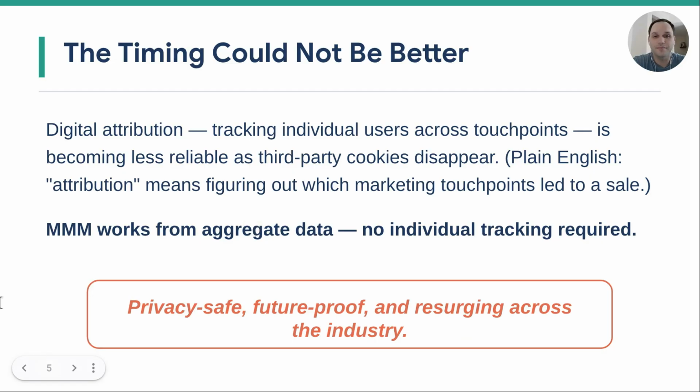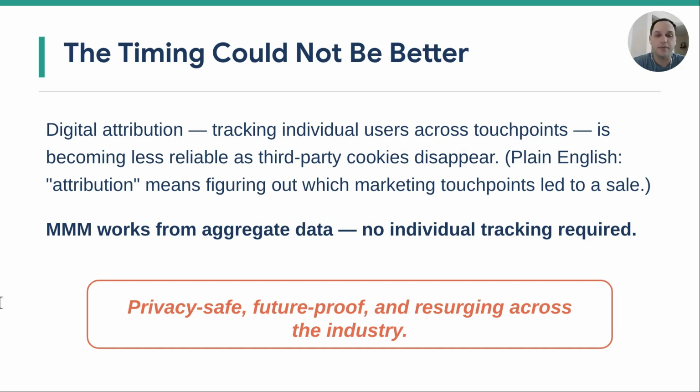Here's why you're hearing so much about MMM right now. For years, brands relied on digital attribution, tracking individual users across touch points to understand which ads led to which purchases. That approach is becoming less and less reliable as third-party cookies disappear and privacy regulations tighten. Attribution is losing its foundation.